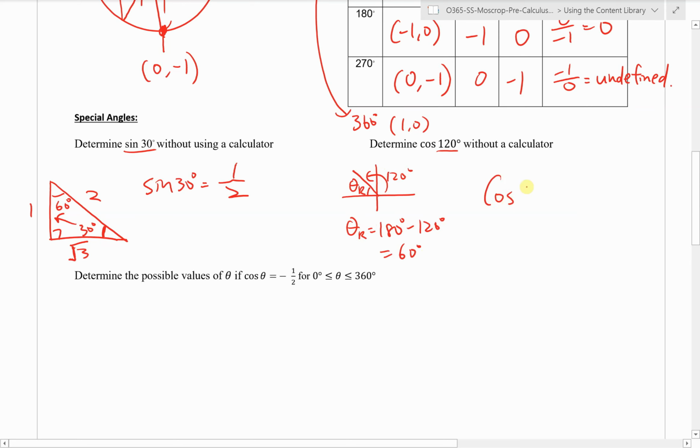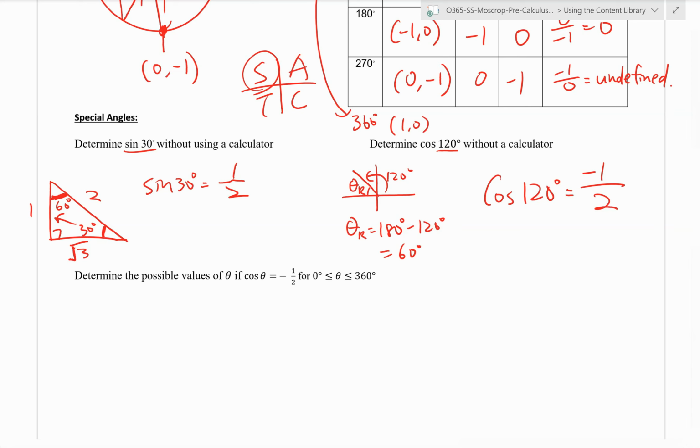So we are going to look from 60 degrees right here. And the ratio for cosine is adjacent over hypotenuse, so it's going to be 1 over 2. However, because we are in quadrant 2, recall cosine is negative in quadrant 2. Again, all students take calculus. Only sine is positive in quadrant 2.